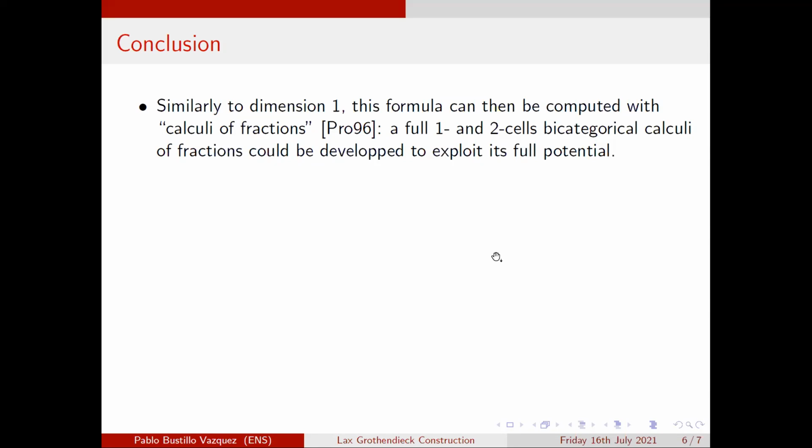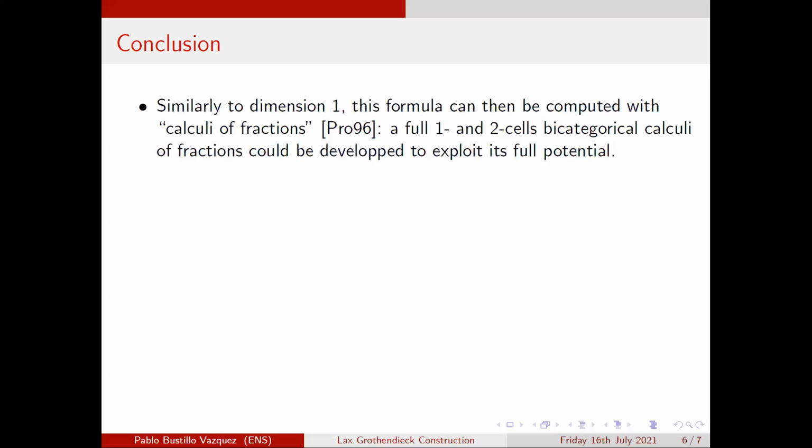And so it's a very natural idea to ask yourself, can I take some assumptions on my diagram to have an easier localization to work with? And so a common idea would be to look at the calculus of fractions as developed by Pronk in 1996. And this exactly gives you the ability to compute any filtered conical tricolimits in bicats.